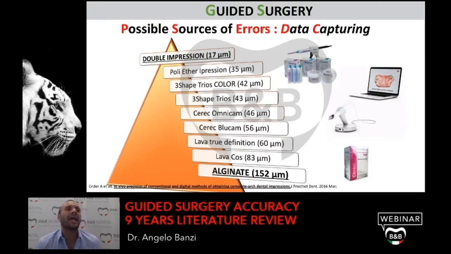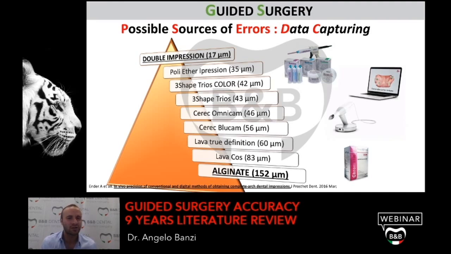And really interesting is this article, this lecture of Ender, where he tested the two types of impression, the virtual impression with the analogic, we can say. Well, it's not analogic, I mean using material like elastomeric material or hydrocolloid material. And what comes out from this article is that the most precise technique is using the double impression with elastomeric material.